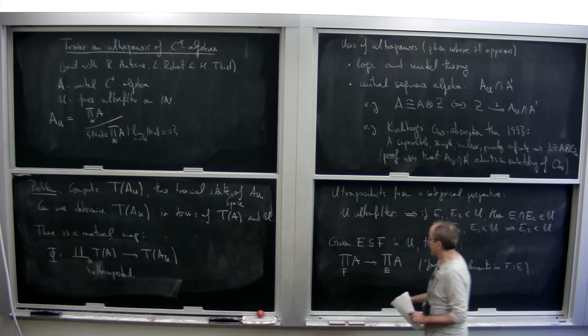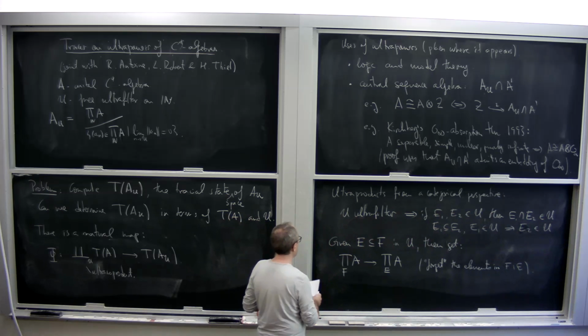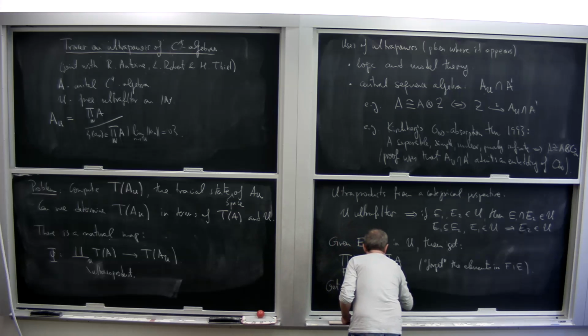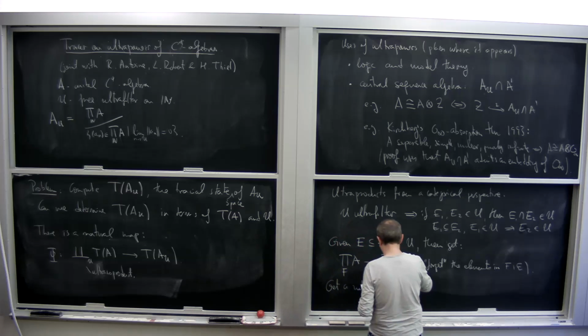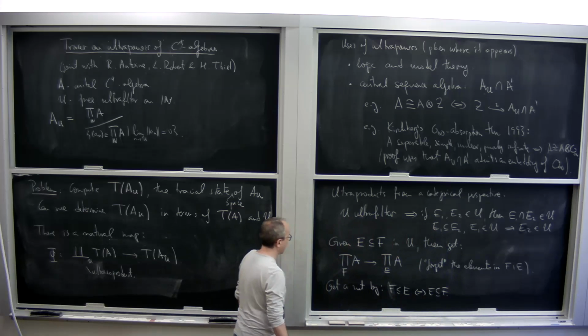And this, one can then take the elements in U and have a net, and we get a net by ordering, maybe I should write it like this, by E ≤ F if and only if E is included in F. And with this, we get an inductive limit.